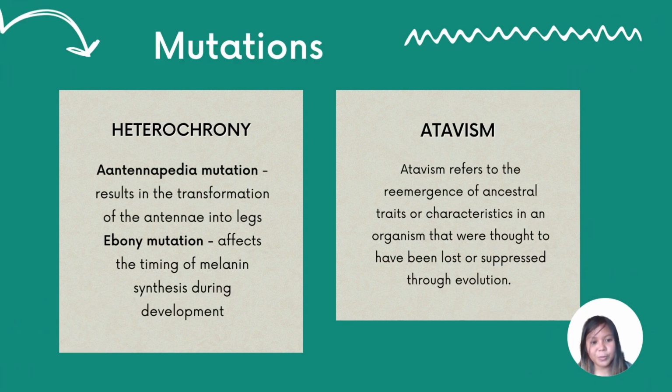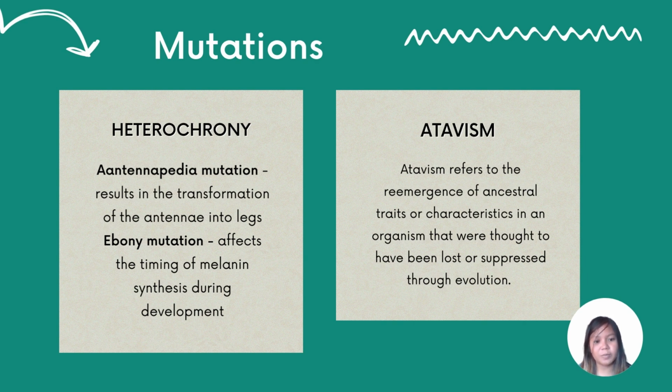Next, we're going to discuss the different mutations. So first, we have heterochrony, which refers to the shape or relative timing of events in the life history with resulting change in adult morphology. One well-known example of heterochrony in Drosophila is the antennapedia mutation, which results in the transformation of the antennae into legs.